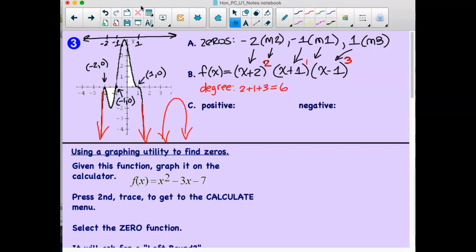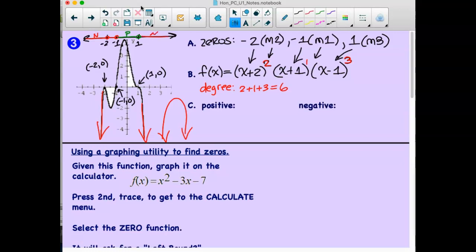So it looks like it is negative here till we get to -2. And then it stays negative until we get to -1. And it's positive as you go from -1 to 1. And then it becomes negative again from 1 and then towards infinity.